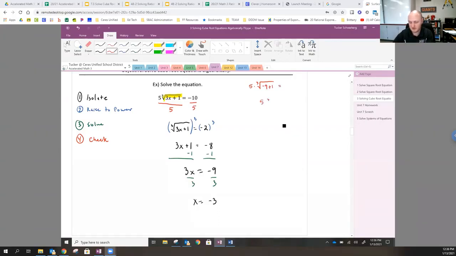Well, 5 times the cubic root, that's -8. So that's -2. And this equals -10. So is the left side equal to the right side? You betcha. So -3 is our answer. Okay.